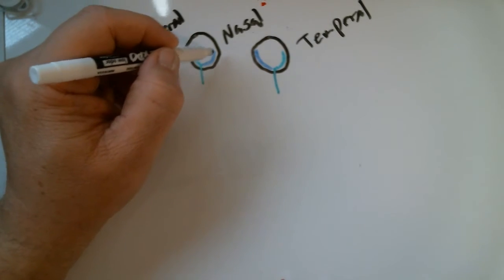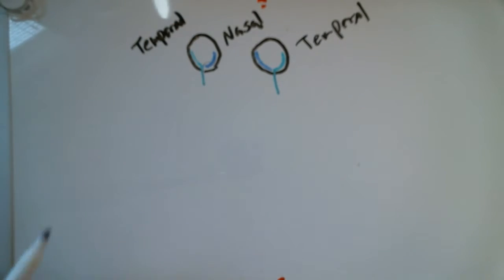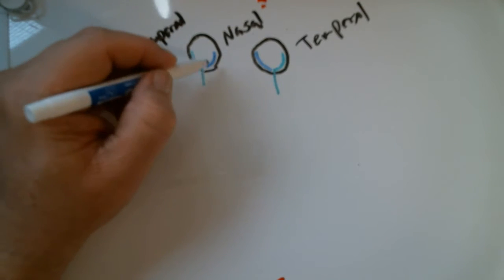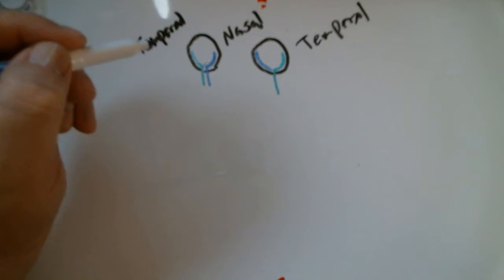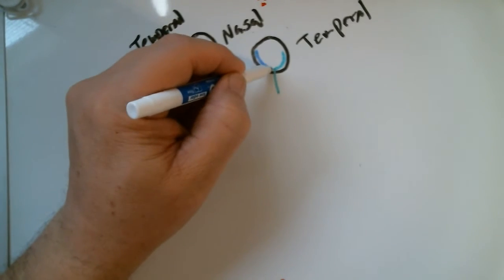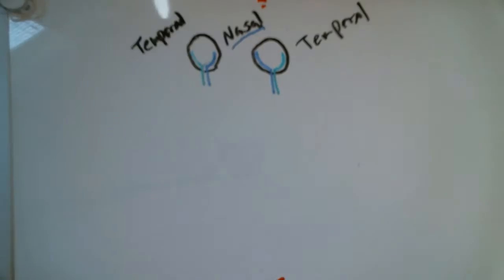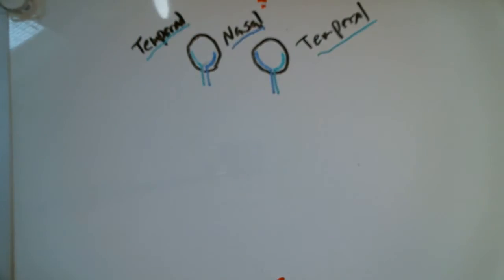If I did, this is the retina in here. And I've got it split in half. It isn't that way in our system, but I got the blue side and the blue side. Now notice that I did the blue side here for the nasal, the green part there for the temporal.